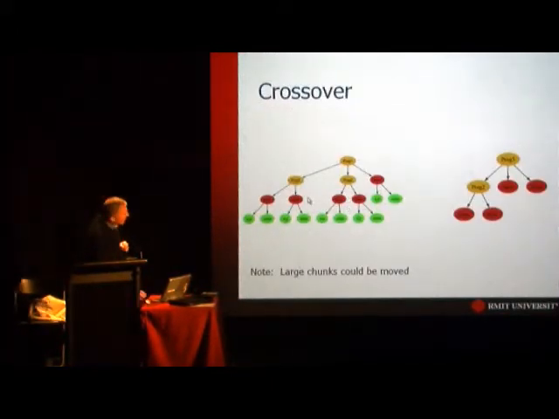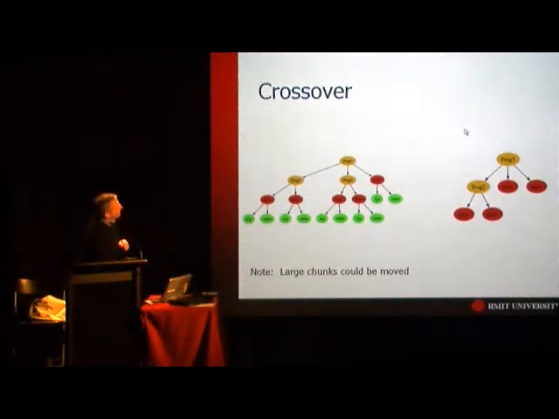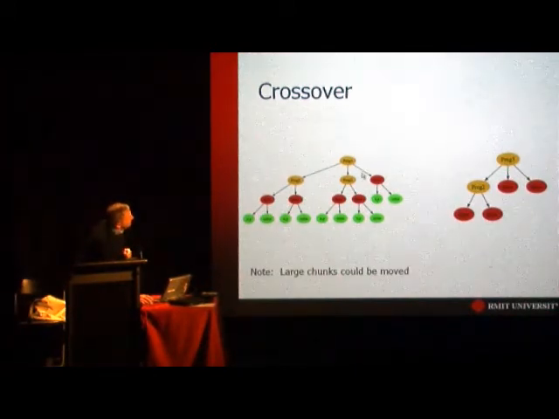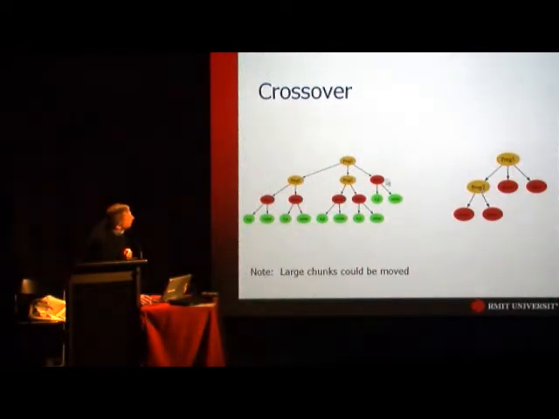Crossover is fairly straightforward. If we have this program and this program, we can randomly pick a point in here, say this one, and randomly pick a point here, and then just move this into here, and this over here, and we've got 2 children from 2 parents.